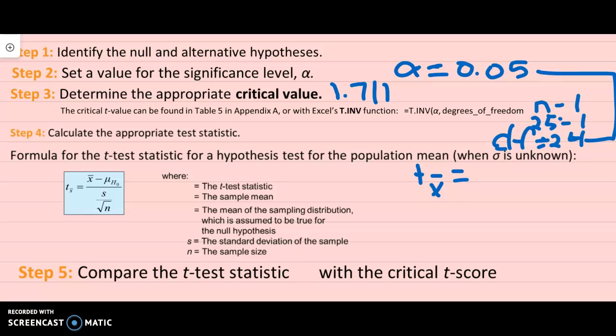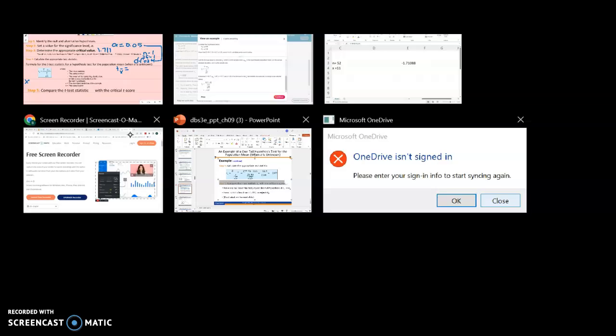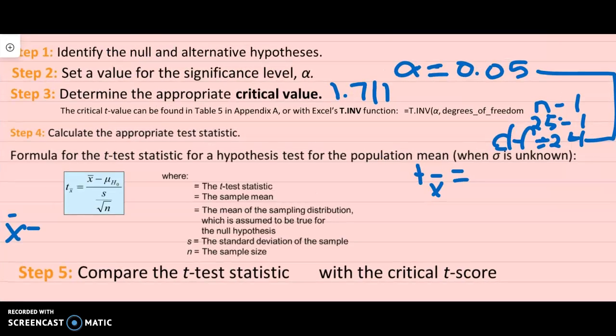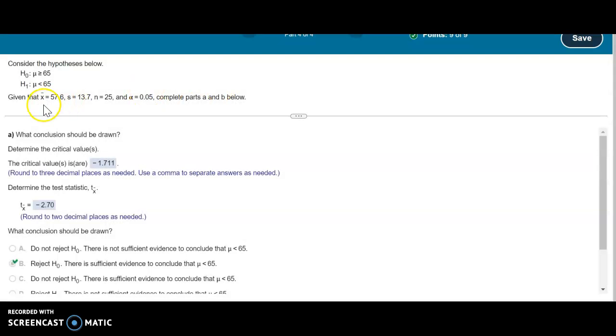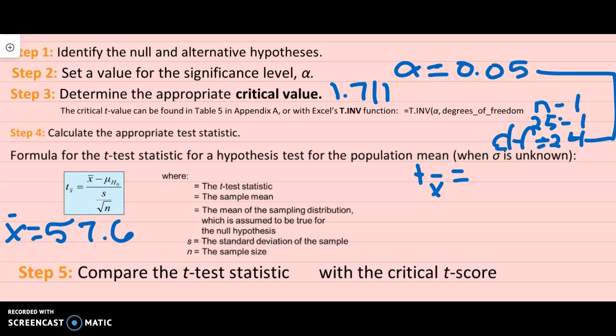Now, X bar is the mean of the sample, and it is 57.6. And let me show you where I got that. Right here. Since they already gave us the numbers, I'm just going to plug those in and not identify everything, because it pretty much gives you your numbers.